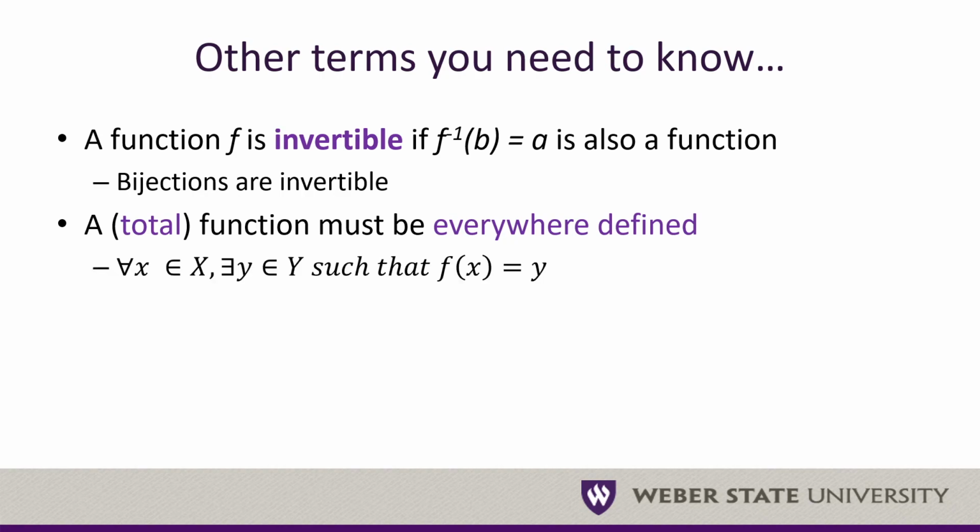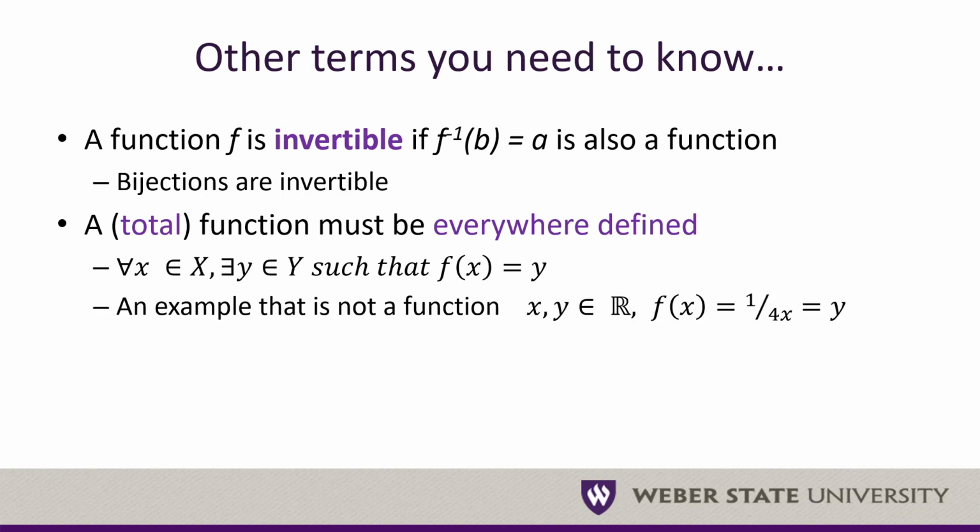For every x an element of the set X, there exists a y such that f of x is equal to y. That would be totally defined, a total function, where it's defined for everything in our domain. One that is not, once again, is our inverse function. I could change the 4 to 8 or 16 or 27 or whatever. I don't know if 27 would work very well.